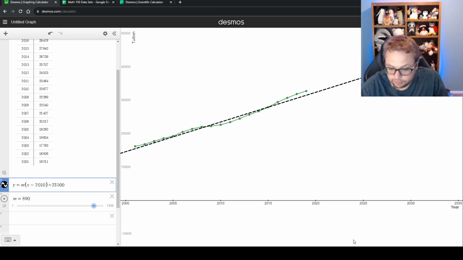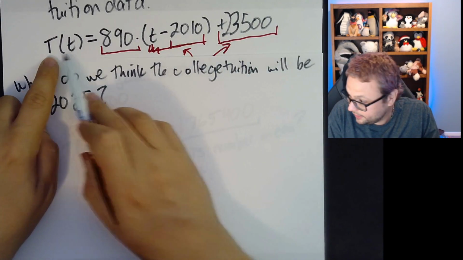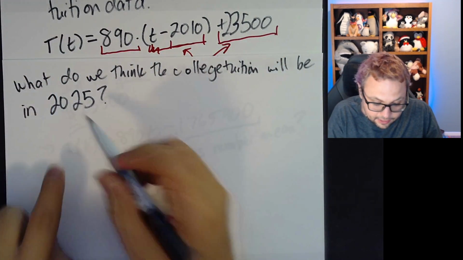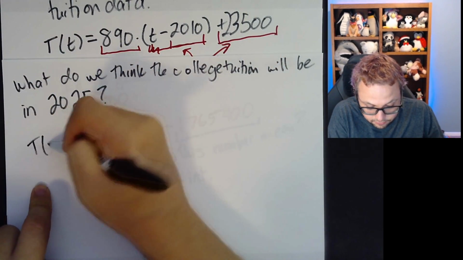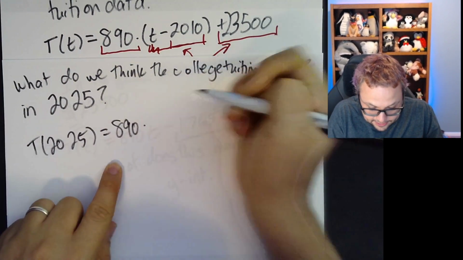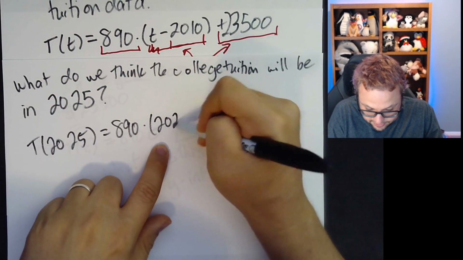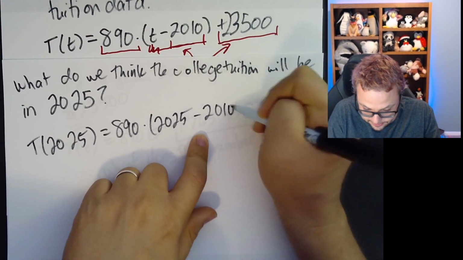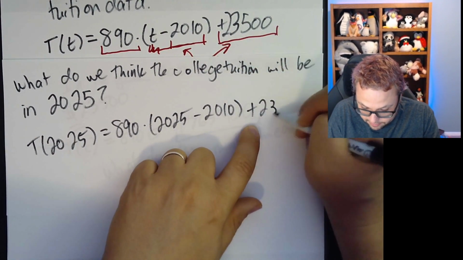But if you want, you could just go back to our model. All we're doing here is taking our model, which was this, and plugging in 2025. So T of 2025 is 890 times 2025 minus 2010 plus 23,500.